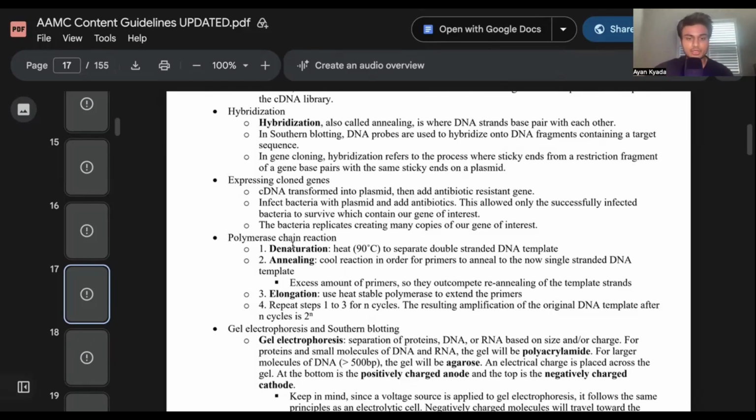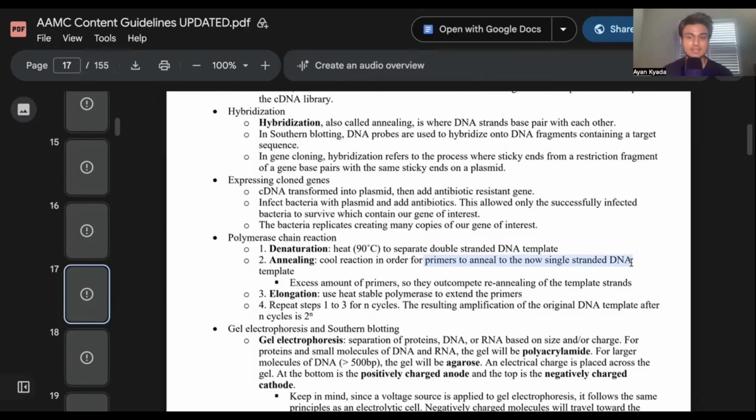And it involves 3 essential steps. The first one is denaturation, in which we're going to use extreme heat of 90 degrees Celsius to break apart the hydrogen bonds and separate the 2 strands of the DNA. And then we're going to cool it down considerably, on average to about 40 degrees Celsius, to allow the primers to anneal with the single-stranded DNA.